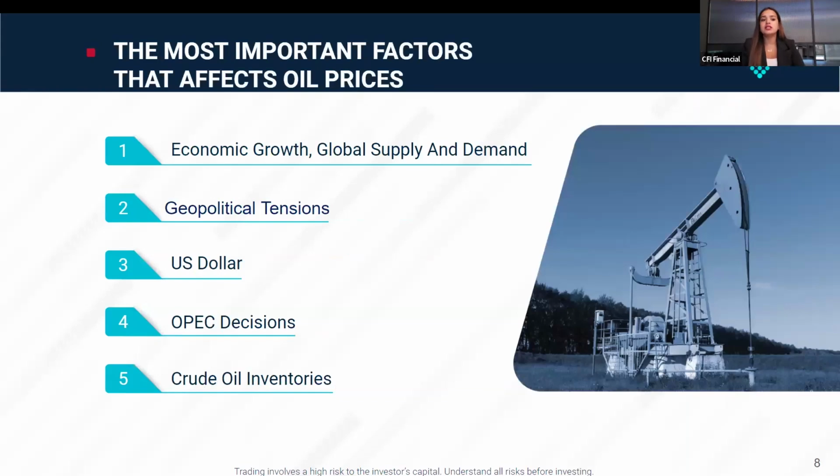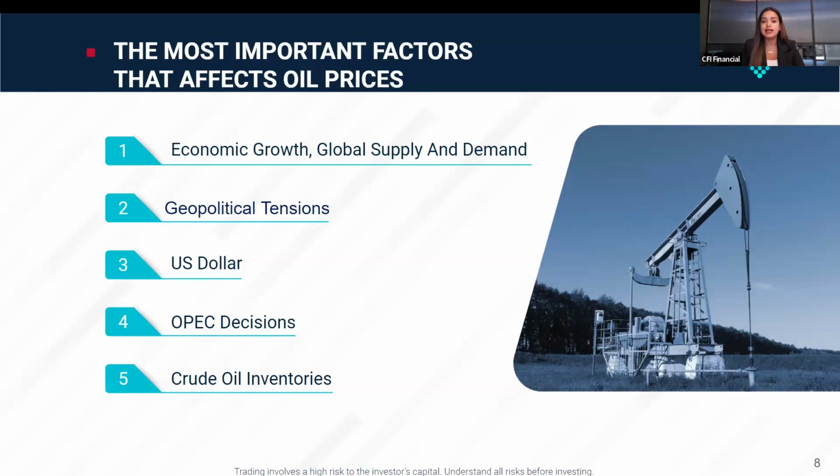Now we're going to discuss the most important factors that affect oil prices. When there is economic growth, it means that we have demand. High demand means that prices are expected to rise, and vice versa. When there is a recession, for example, demand declines, and basically the prices start to decline.